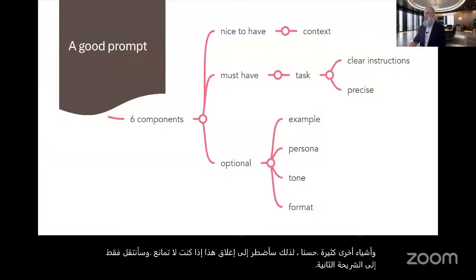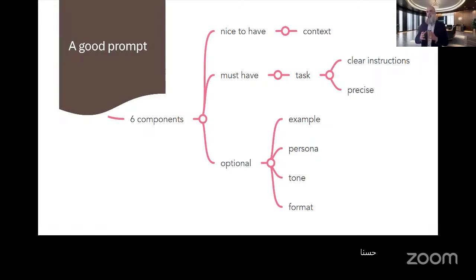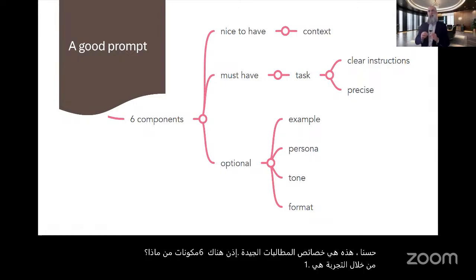Okay. Now these are good prompt characteristics. There are 6 components, from experience. The first, most important thing is the task, and this is a must-have.